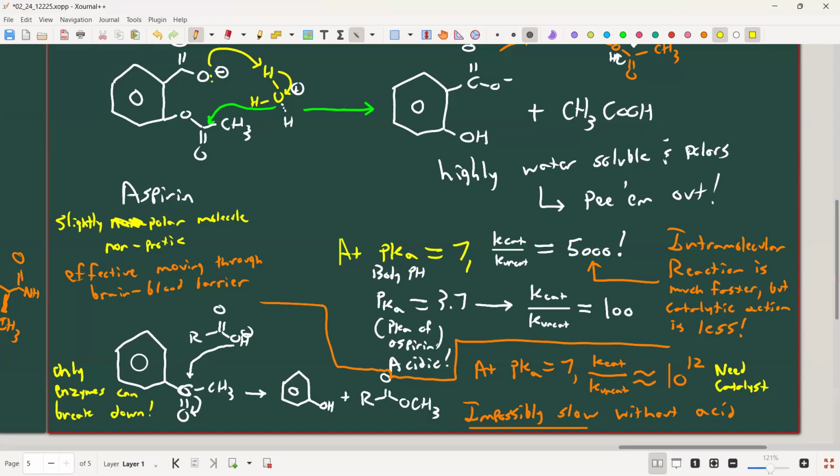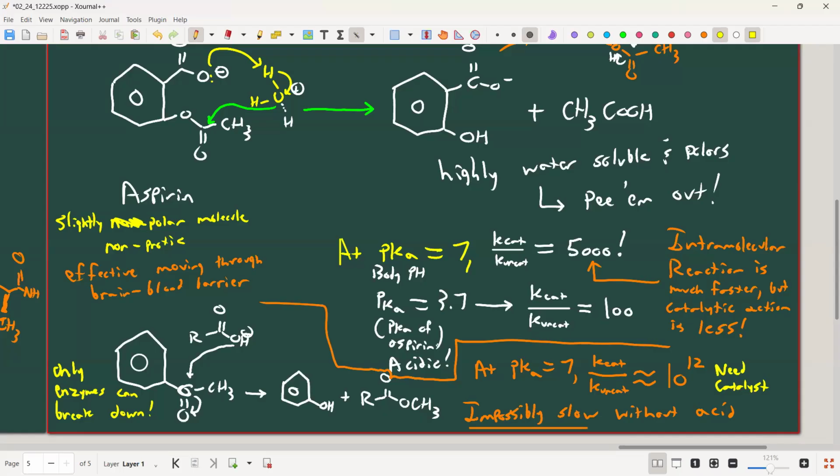So the question I want to leave us with, because now we're at 4:45, is why is this? Why is it that an intramolecular reaction, where the molecule kind of falls apart on its own, is helped along by the catalyst, but not a significant improvement. But the moment you separate the substrate into two parts, they have to do the same chemistry, and the catalyst is absolutely necessary.